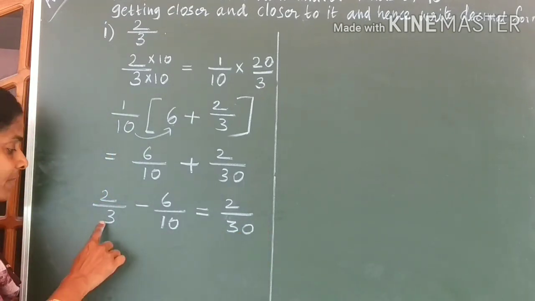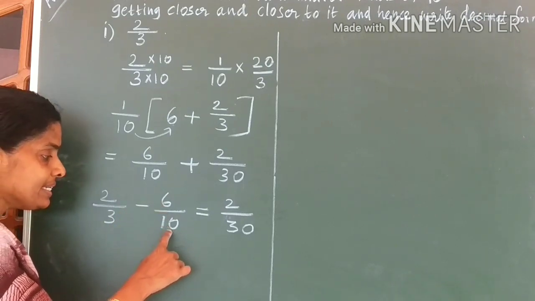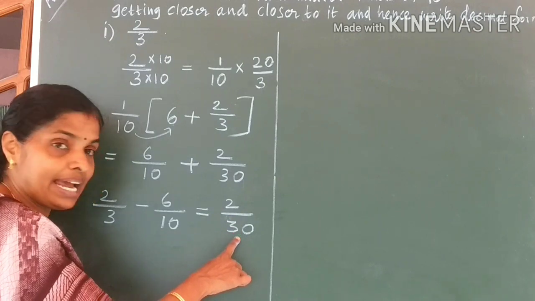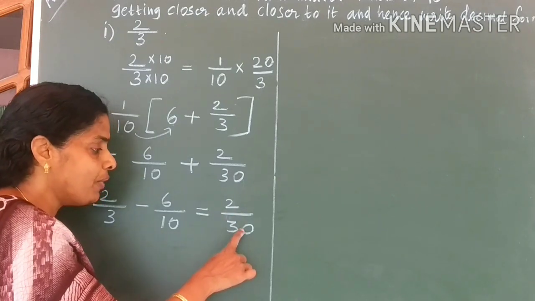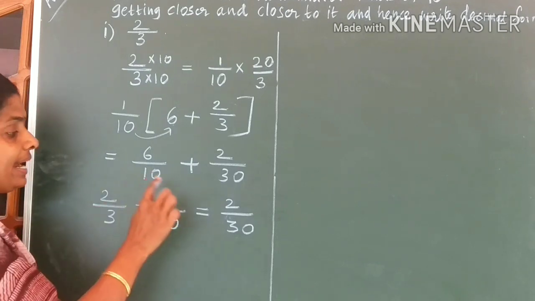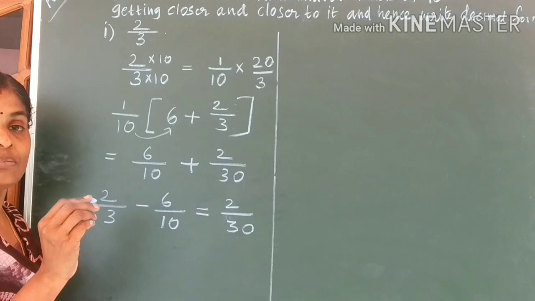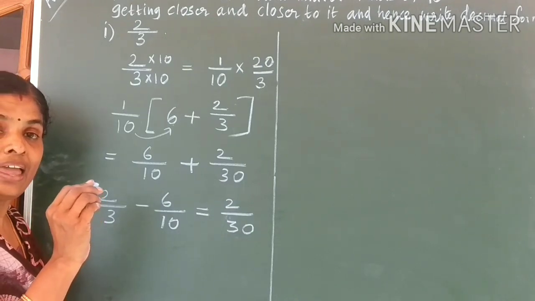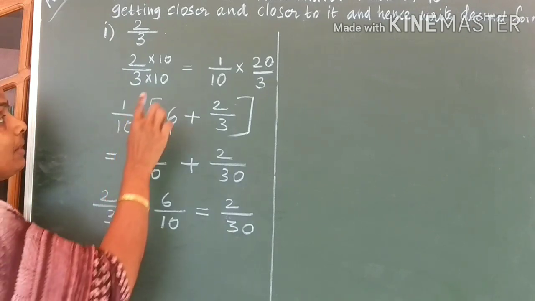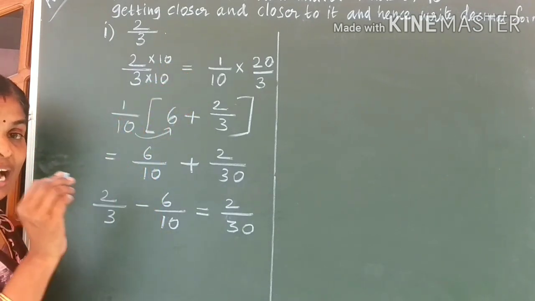That is, from the fraction 2 by 3, if you subtract 6 by 10, you are getting a very small fraction, that is 2 out of 30. Okay, now let us write this fraction 2 by 3 using the denominator 100, for which you have to multiply the numerator and denominator by 100.